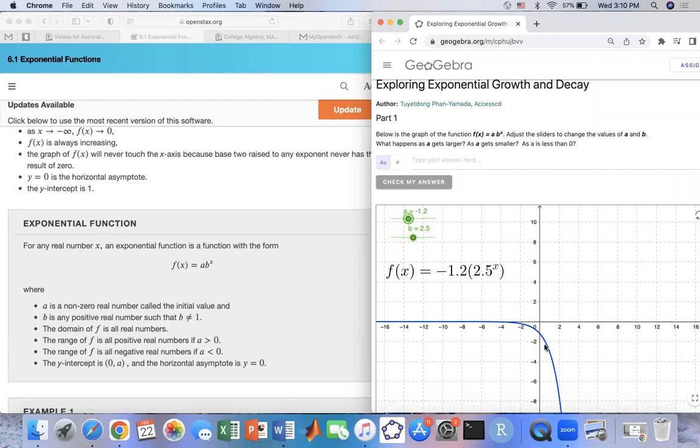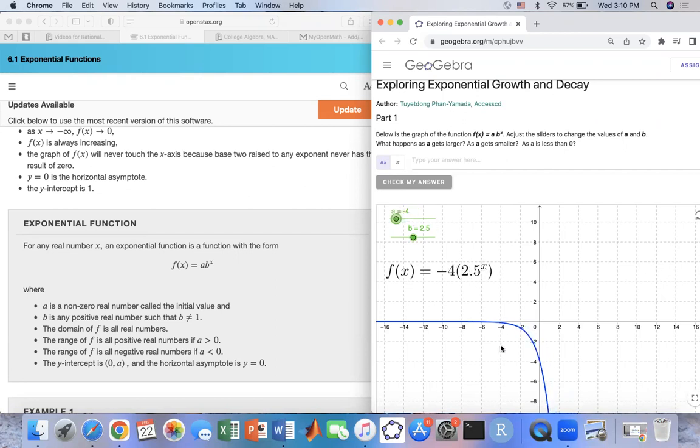And the y-intercept, no matter what you do, is always 0a. So here my a equals negative 1.2, so the value here may be negative 1.2. Let me put it to negative 2 so you can see it right here. And I can go down to negative 4.